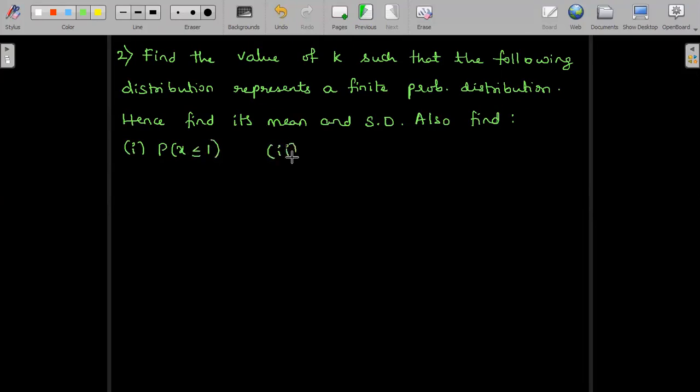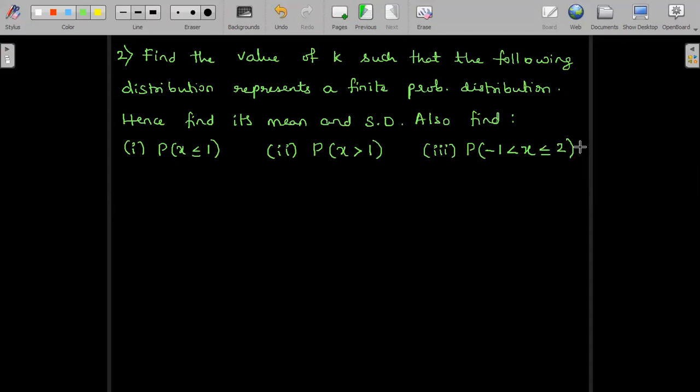Second one, probability of x greater than 1. And third one, probability of x lying between -1 less than x less than or equal to 2.